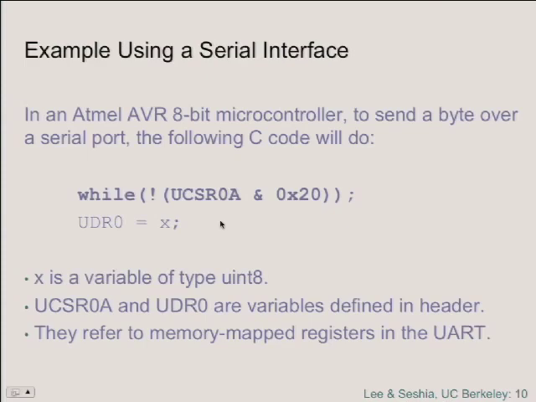Well, it's taking the value of this memory mapped register, and doing a bitwise AND with the hex number 20. Why? Because it wants to look at just one bit of that register. That one bit tells it, is there a byte for me? If there is, that bit will be 1. If there is no byte for me, that bit will be 0.